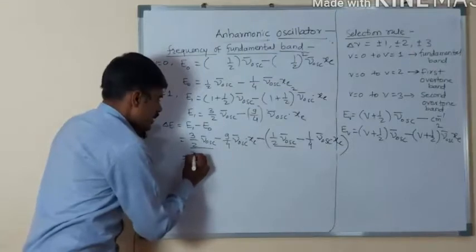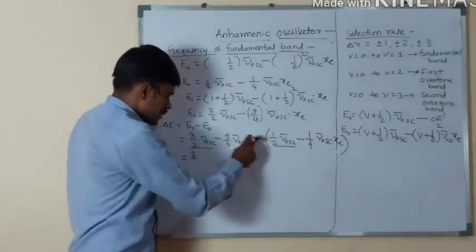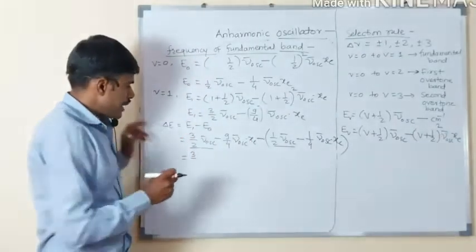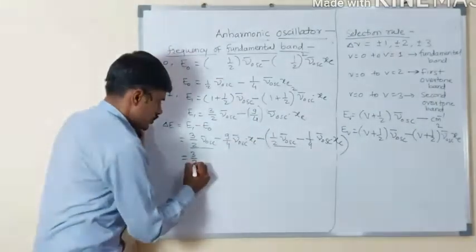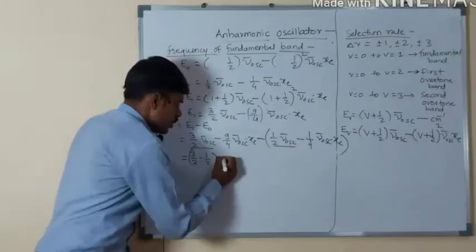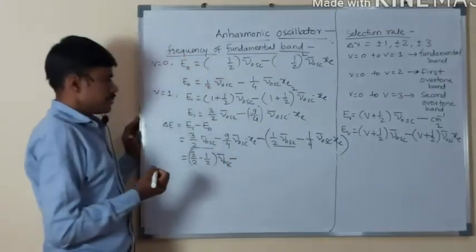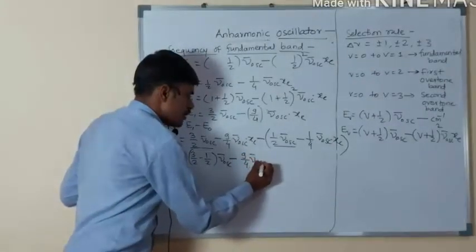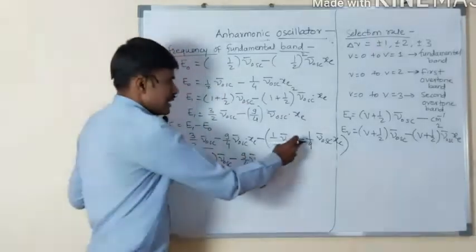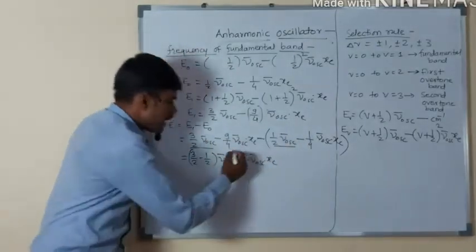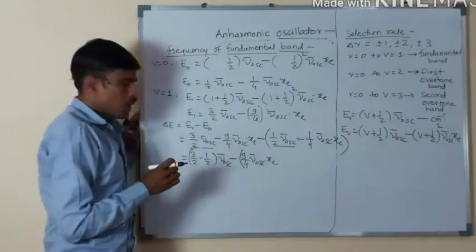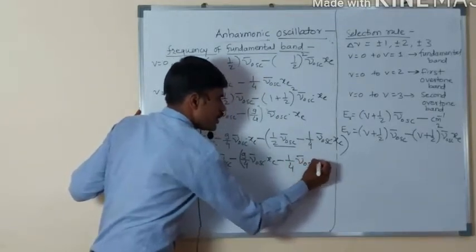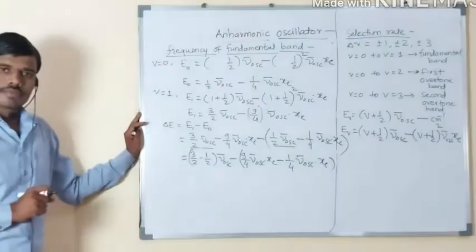So 3/2 nu bar of oscillation minus 1/2 nu bar of oscillation is (3/2 minus 1/2) nu bar of oscillation, minus 9/4 nu bar of oscillation into Xe. The minus minus sign is plus, but you can take the minus sign common out of the bracket, then this term is minus 1/4 nu bar of oscillation into Xe.